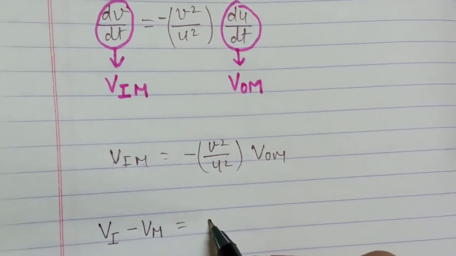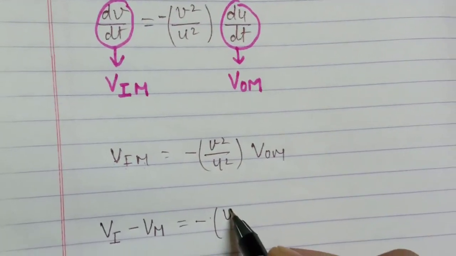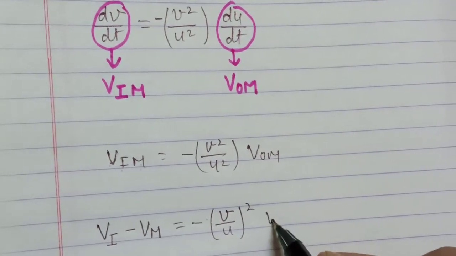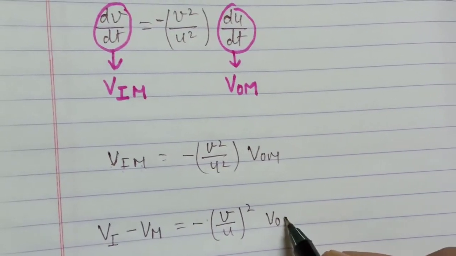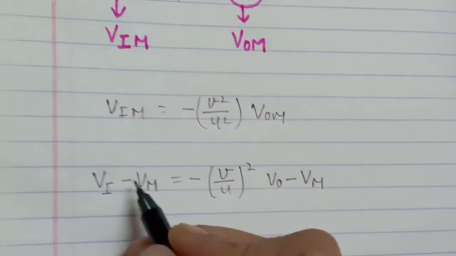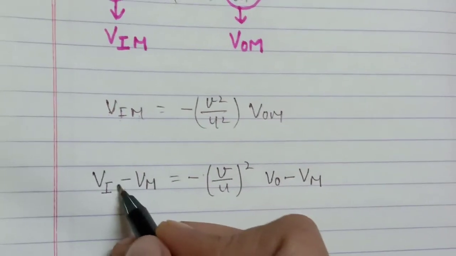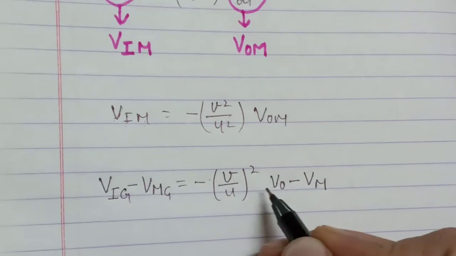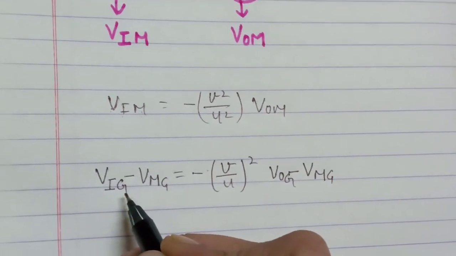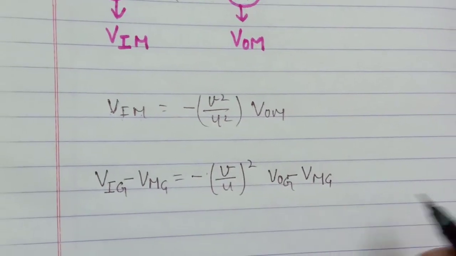is equal to minus v square upon u square into velocity of object minus velocity of mirror. Okay, because this is all with respect to ground, so we will add g here, meaning velocity of image with respect to ground and so on.